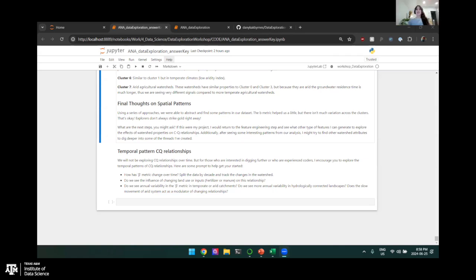Yeah, that's a really good question. They are different methods. PCA is really useful, but you do lose a little bit of explanation because you're taking this multidimensional data and grouping it into two axes.